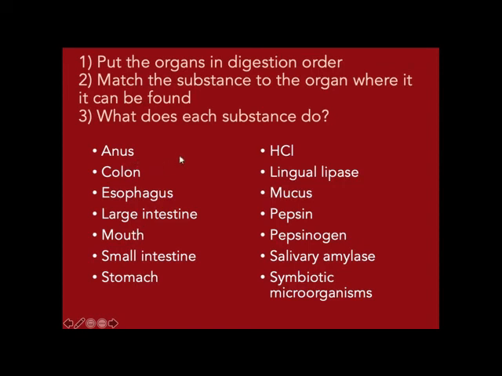Okay, good. Let's match up the substances to the organ where they can be found. HCl. Stomach. Yeah, that goes in the stomach. Lingual lipase. That's the mouth. Mucus. The mouth. Pepsin and pepsinogen. That's the stomach too. Salivary amylase.